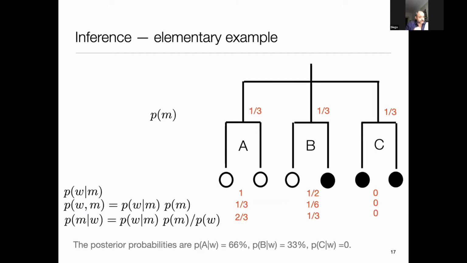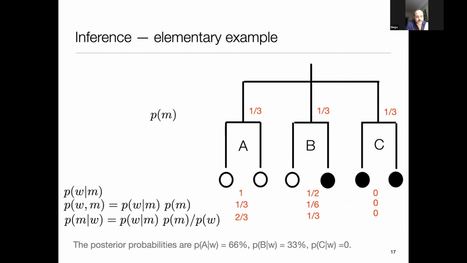If I write the probabilities here, the 3 bags are identical, and so my prior for picking either one of them is 1/3. So P of M here is 1/3.